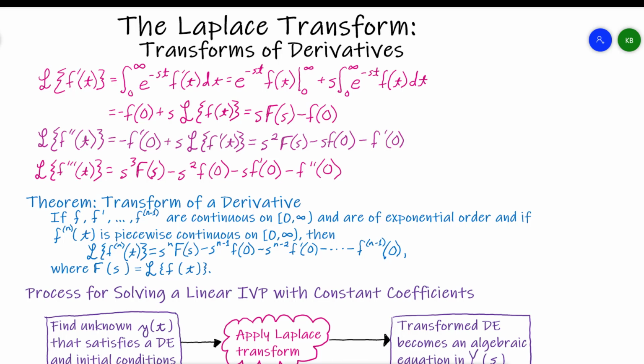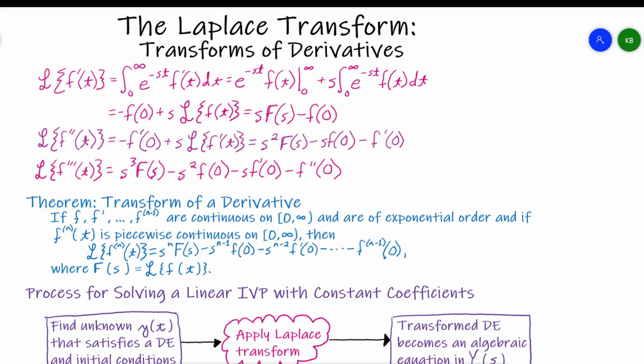That's going to be headed towards 0, regardless of what f of b is headed towards as those b values approach infinity. So we end up with something that zeroes out there for us, minus e to the negative s times 0. Negative s times 0 is 0, e to the 0 is 1, so we've got f of 0. So we have minus f of 0 from that entire first part. That's the only thing that's left standing.